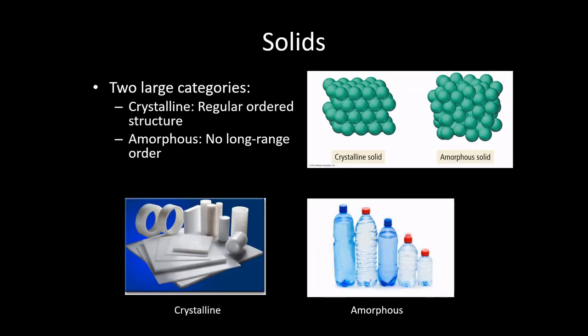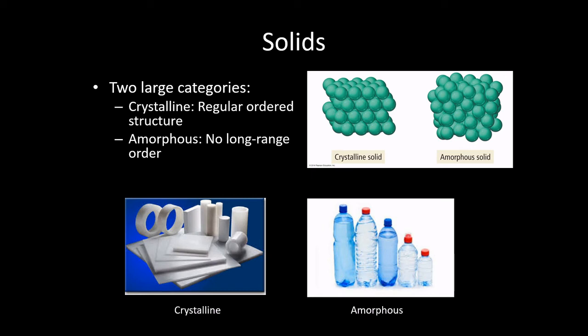If we look at solids, on the other hand, solids are not very compressible, and there also tend to be two main categories of solids. You can have crystalline solids, and you can have amorphous solids. Crystalline solids are materials where you have a very regular, long-range order to the structure.